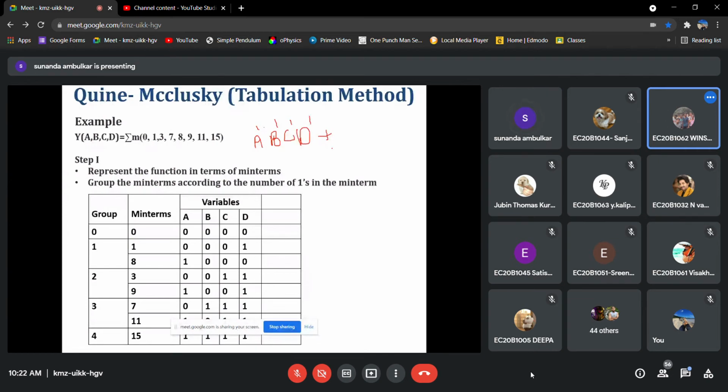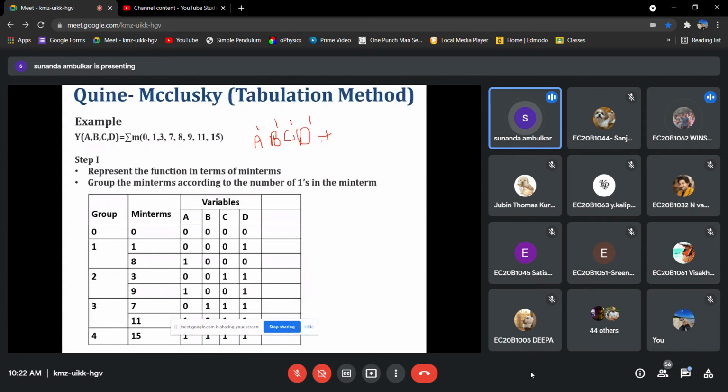How will we indicate those min terms in terms of the variables? So according to that, this is the summation of the min terms, no? Yeah, got it.